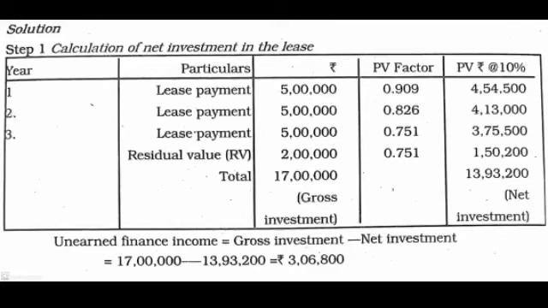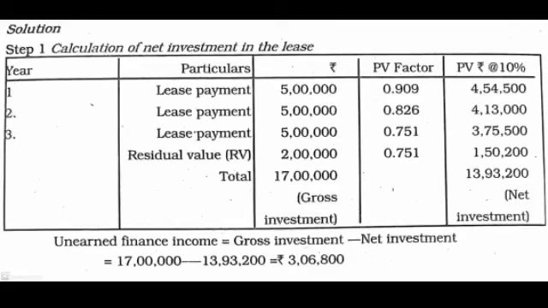For calculating net investment in the lease, we should multiply the amount paid in each year with the PV factor. We already studied how to calculate the PV factor, and here the PV factor is given. Then we multiply each value with the PV factor.